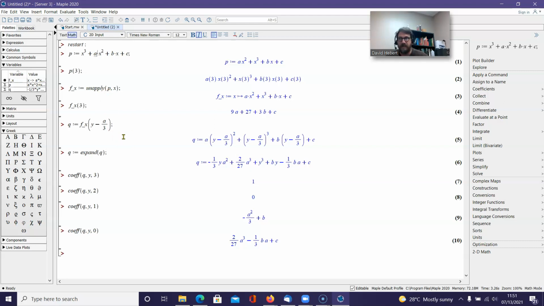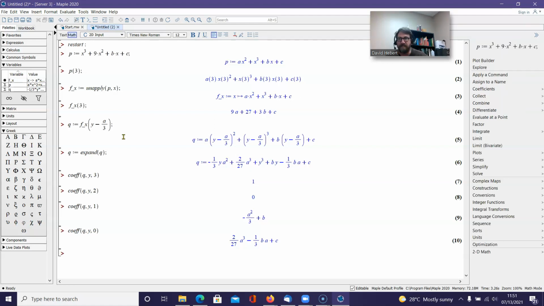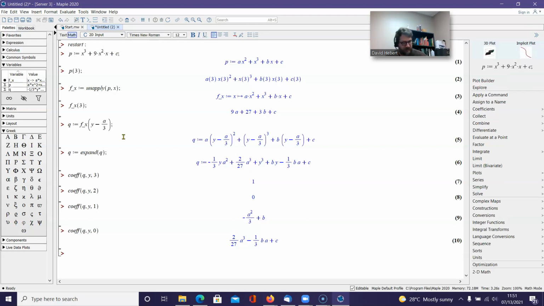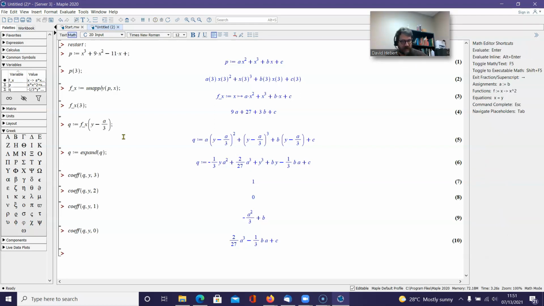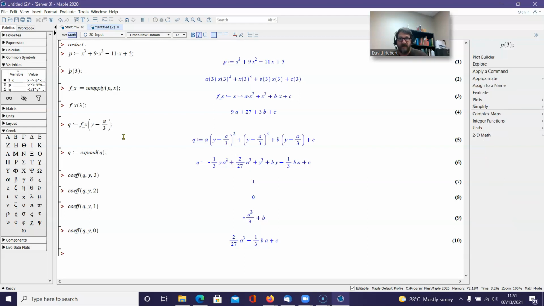I could put a 9 in front of the x squared, a negative 11 times x, and a positive 5, let's say. And if I now hit enter, notice p of x has now changed.